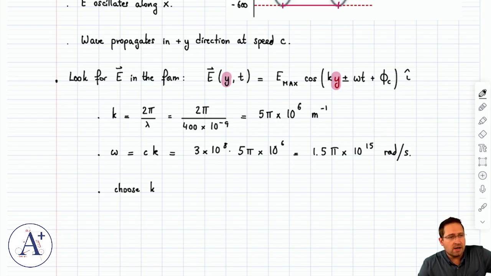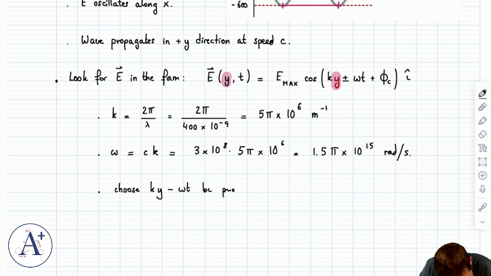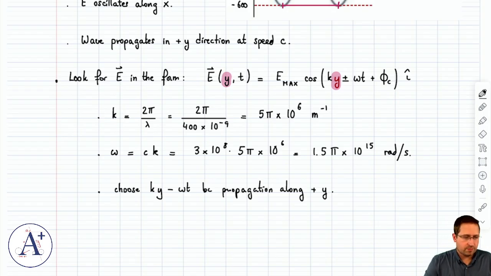My bad. So careful, that's y. We are going to choose ky minus omega t because the propagation is along plus y.